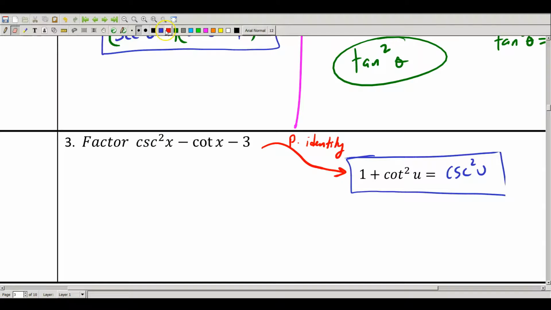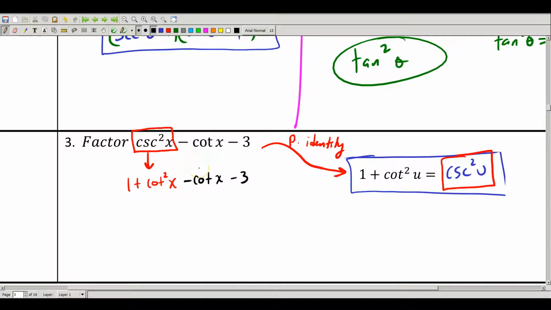We're going to make this substitution right here for this cosecant squared. So this is going to equal 1 plus cotangent squared x in this case, because we're using x, and then minus cotangent x minus 3.